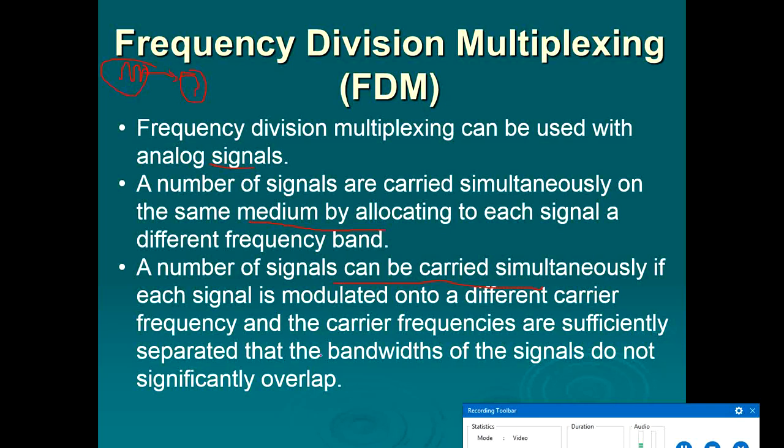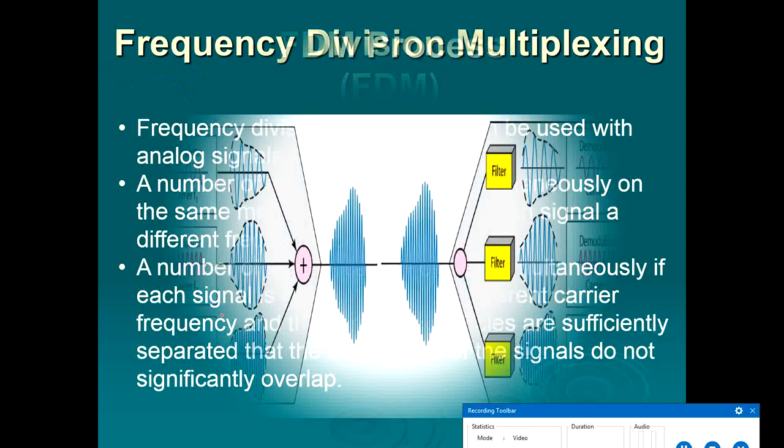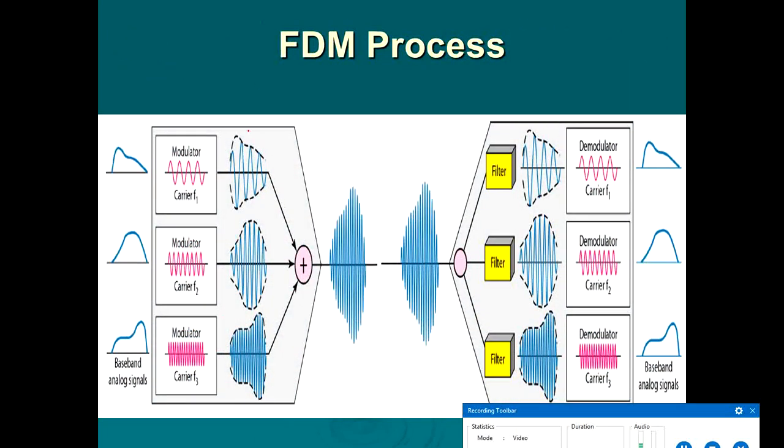Alright, so moving ahead. So this is an example of the FDM process, how it is done. For example, in this case, I have a user 1, a user 2, a user 3 on the sender side. Now this is the frequency of the signal.